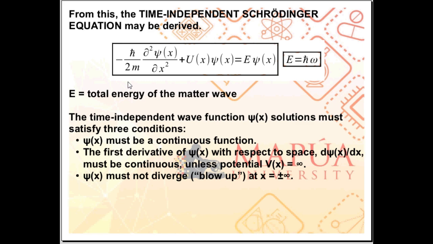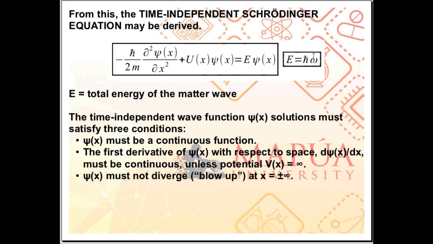Negative h bar over 2m, double partial differentiation of small psi, plus U small psi is equal to E small psi, where E is equal to h bar omega.